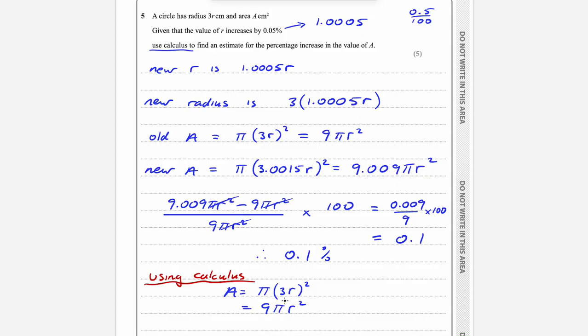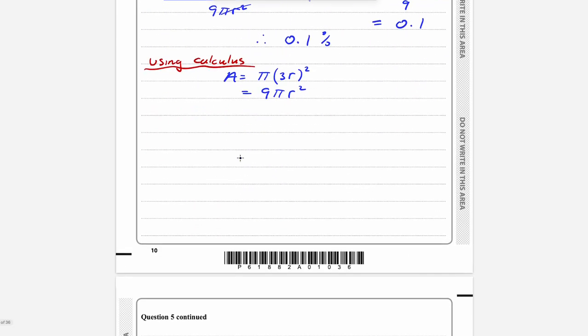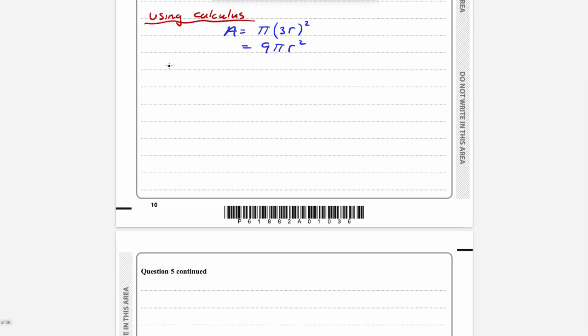Now let's get dA/dr, the change in A with respect to r. So dA/dr is 18 pi r.